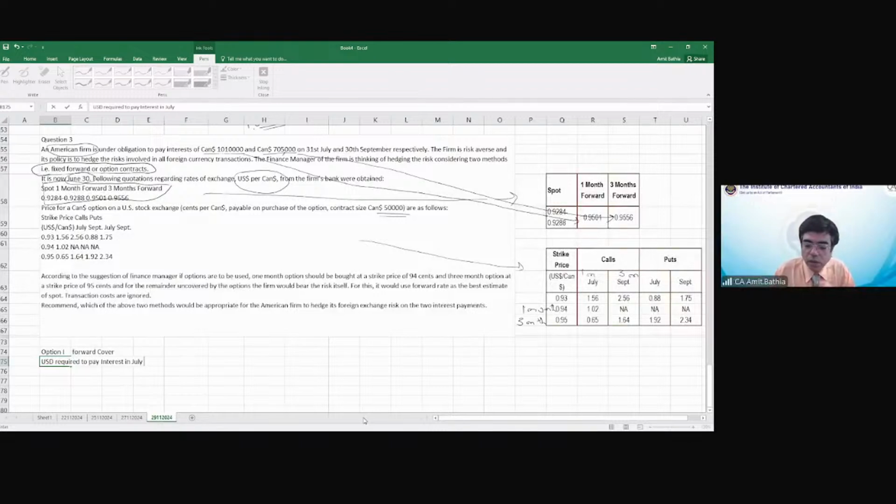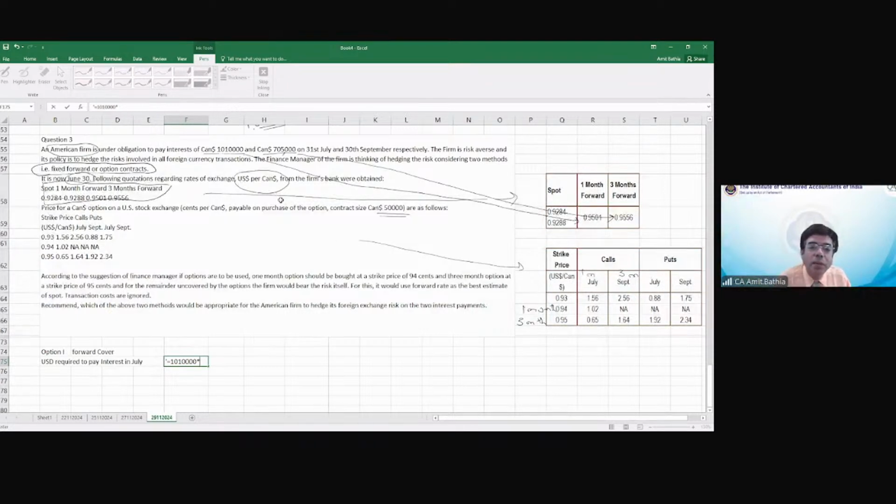July, how much money will you require for this? I need how many Canadian dollars? 10,10,000 into. Should I be saying into or divide? Into. Why? So the currency quote is given in dollar terms.